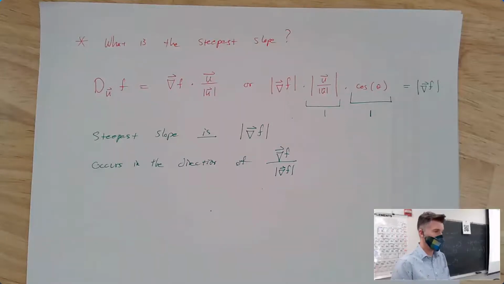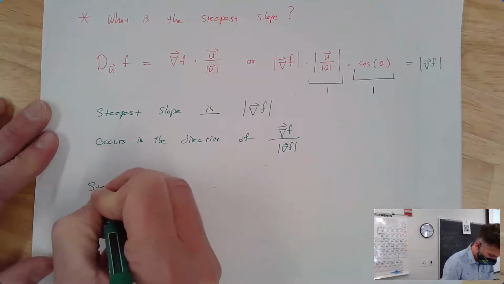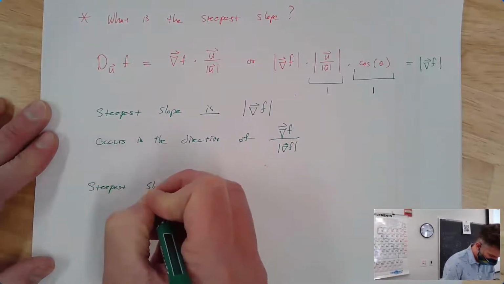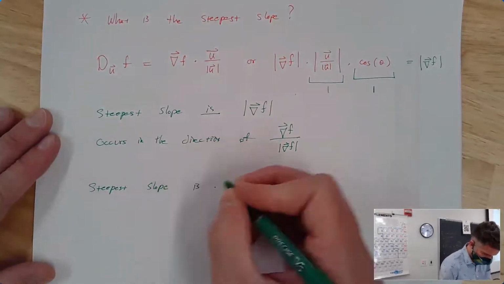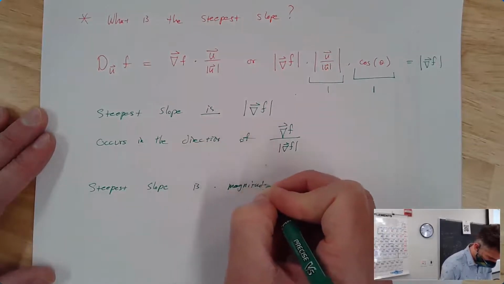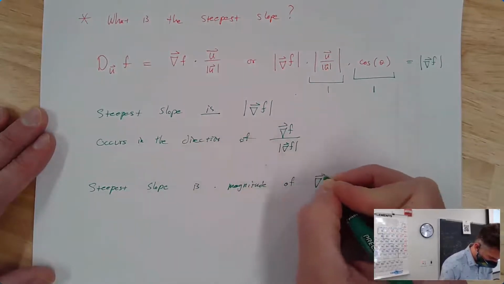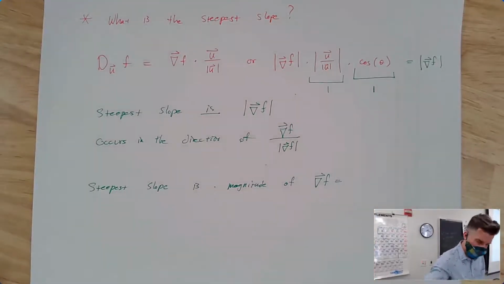And in the particular example we were just doing, the steepest slope, or the maximal rate of change, or whatever you want to call it, is the magnitude of the gradient vector, which was, I think, (4, 3/2). Yeah.